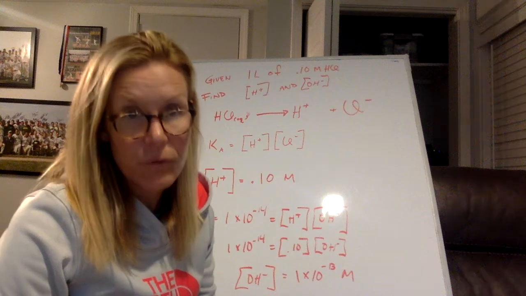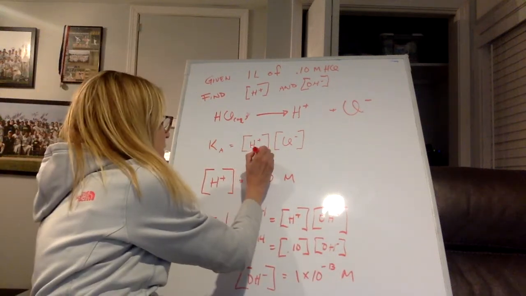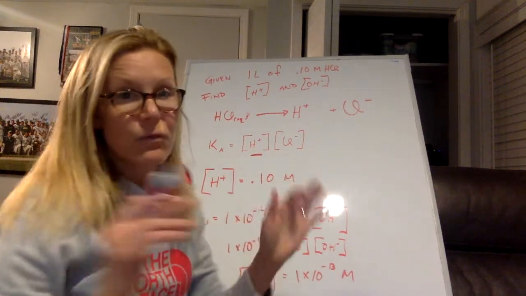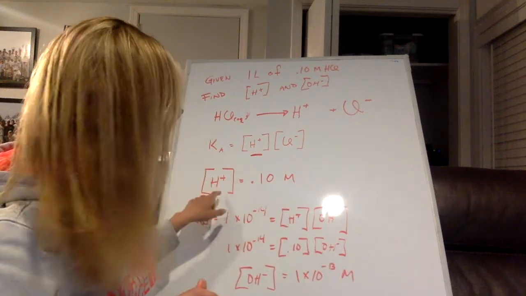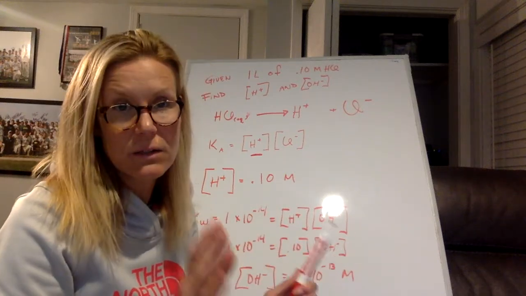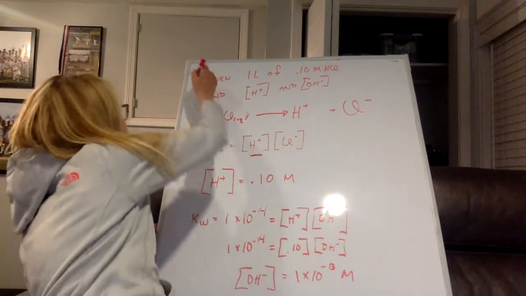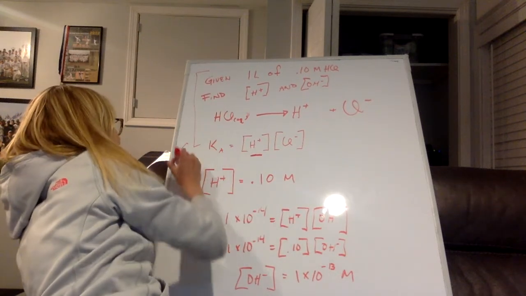Strong acid, fully ionizes. I know that, then I know this, okay? So it fully ionizes, so because I know this, then I know H plus. Because I know H plus, then I can figure out OH minus. Okay, this is the strong acid.